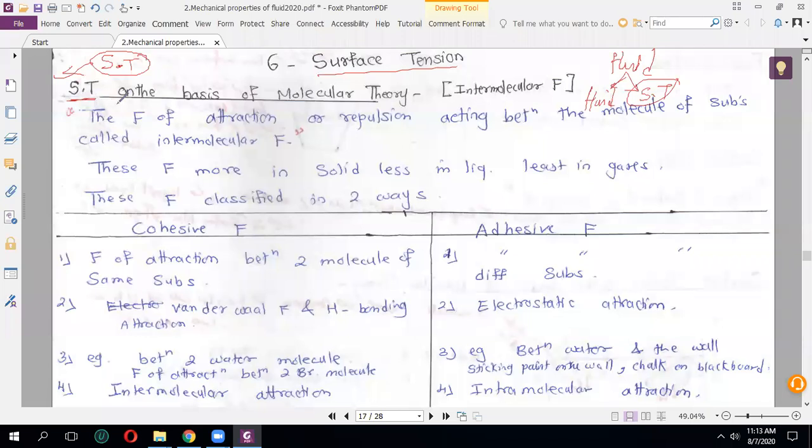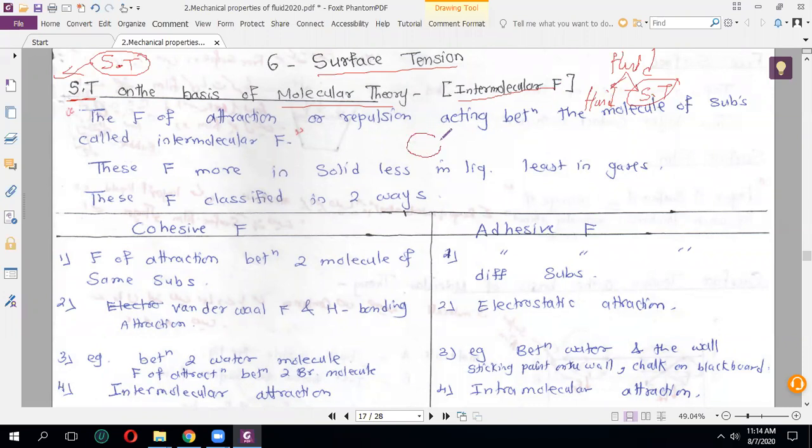Okay. Now surface tension on the basis of molecular theory. What is molecular theory? We already learned this molecular theory concept in chemistry. In molecular theory, we first understand intermolecular force. So what is intermolecular force?